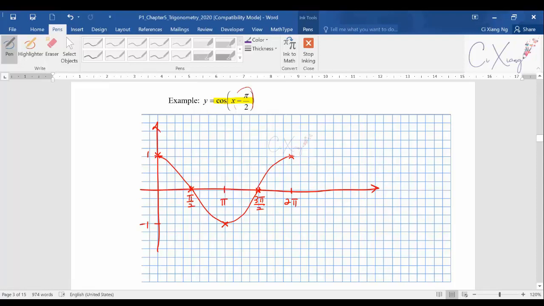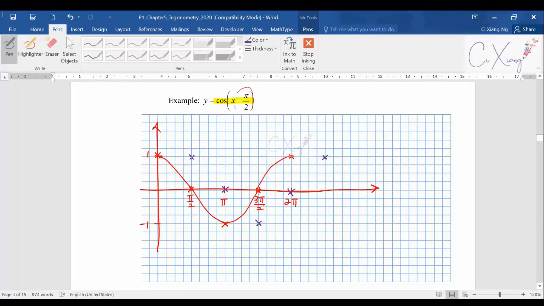This point, 4 boxes to the right. This one, 4 boxes to the right.